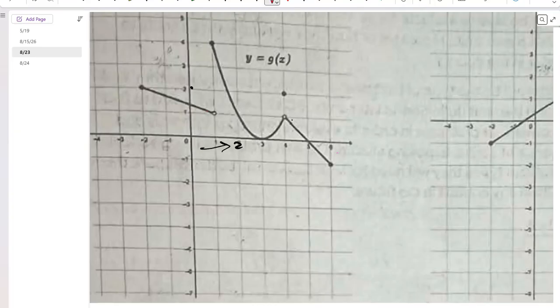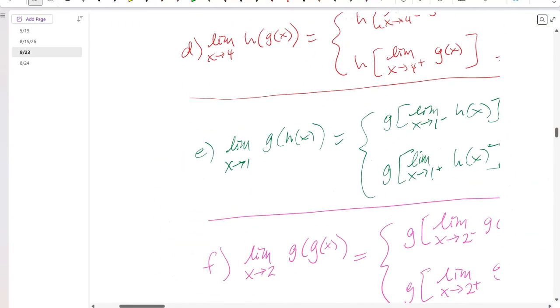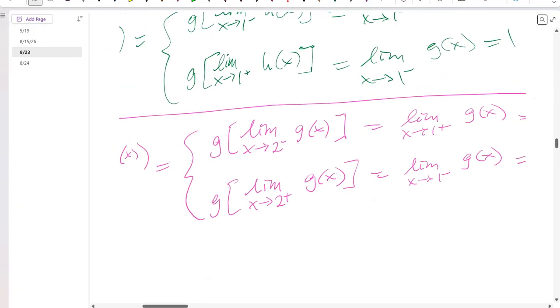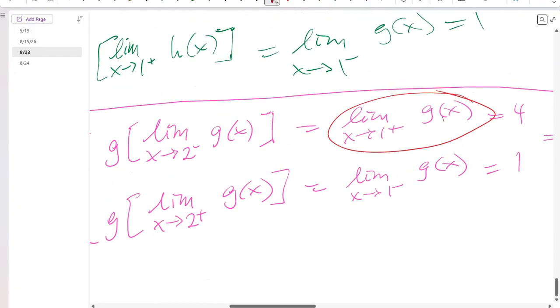It's 2 from the left. It looks like the y values, yeah, it was 1. The y values are here, and it's coming into 1 from the right. As x is going to 2 from the left, the y values are coming into 1 from the right. So that's how I have 1 from the right here.